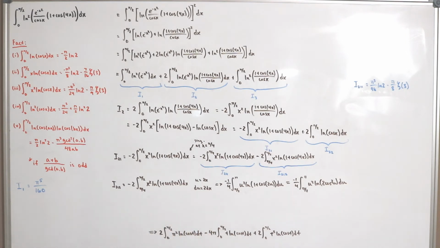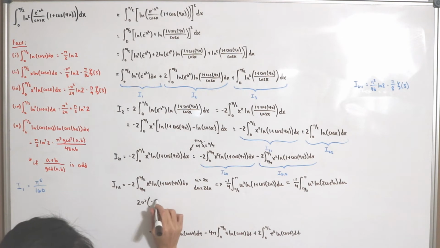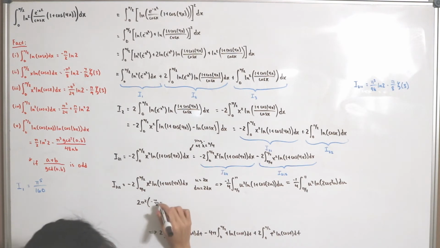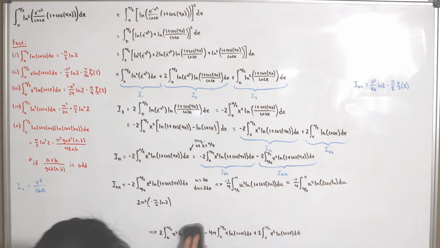Okay, so now integrating each of these integrals, we can actually use our facts that I've listed. The first integral here is simply equal to 2 times π/2 ln cosine t, which from fact number 1 is negative π/2 ln 2. Alright, cool.